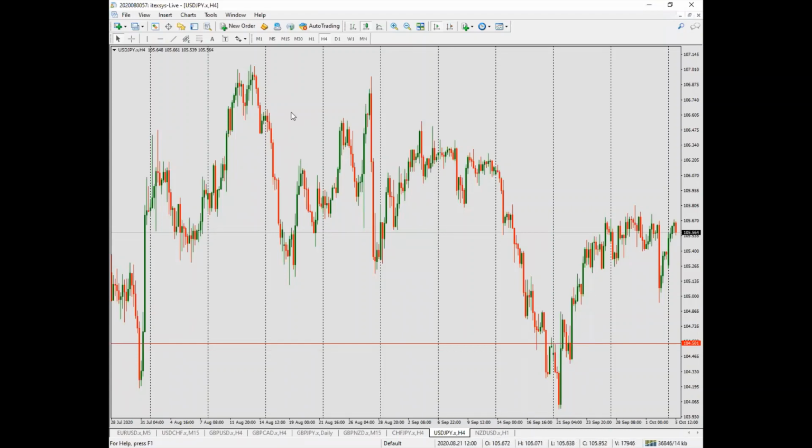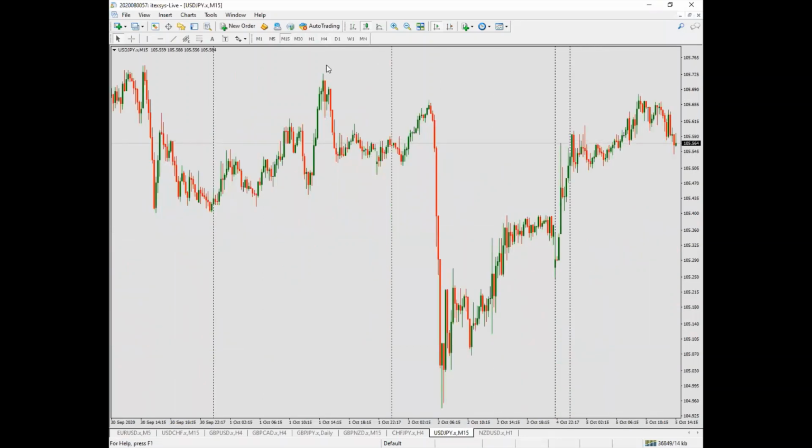So, the 15-minute chart, and only if the price will break out of this level, this support, then I will look for a sell position, and I will look for a new supply that the price created, maybe in the 15-minute or 5-minute charts.